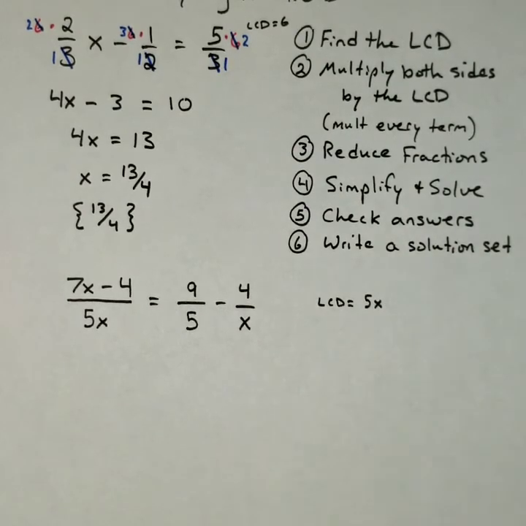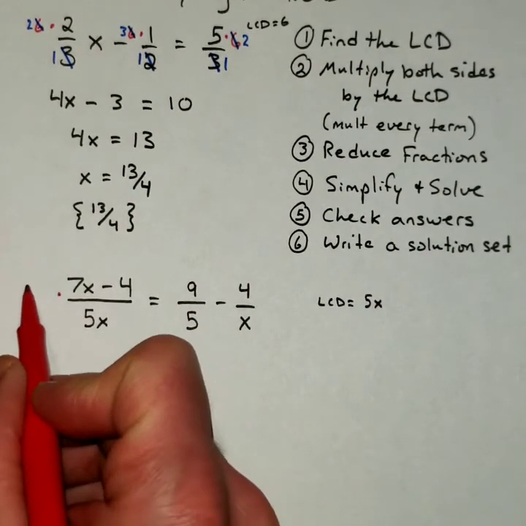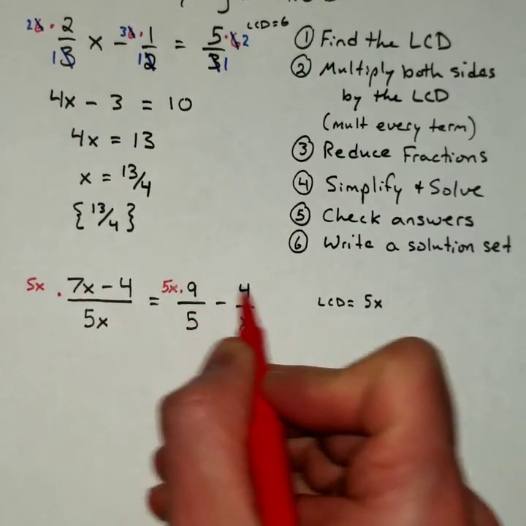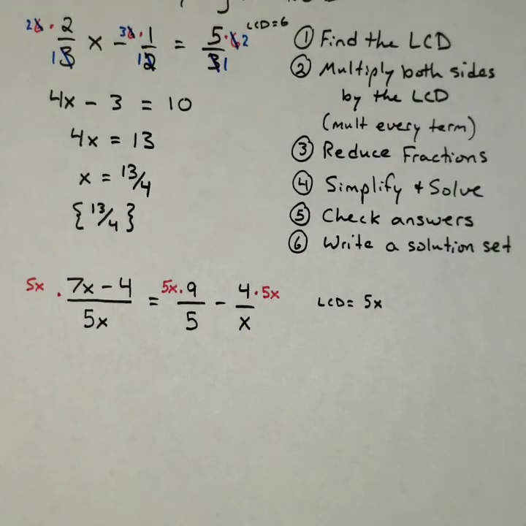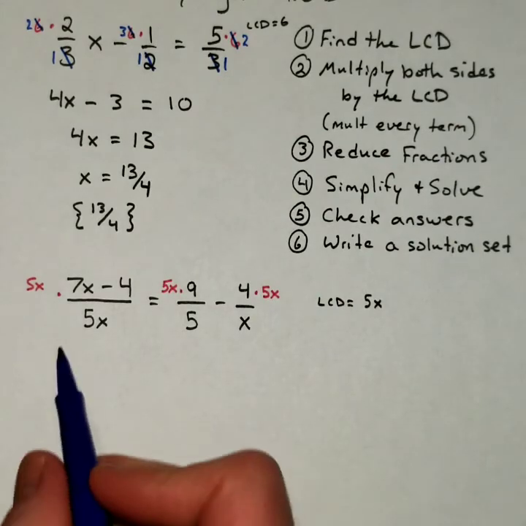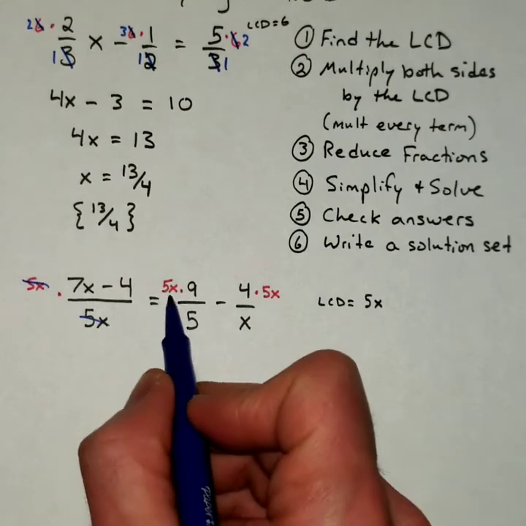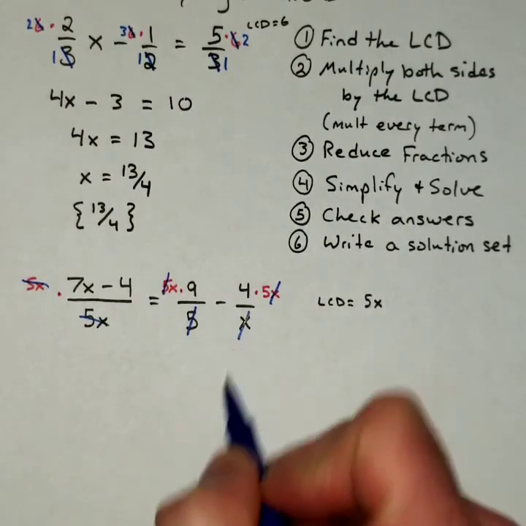So with 3 denominators the LCD is 5x. I then multiply both sides of the equation by the 5x, which results in every term getting multiplied by 5x. Okay. Then we reduce the fractions. So here the 5 and the x both cancel. Here just the 5 cancels, and here just the x cancels.